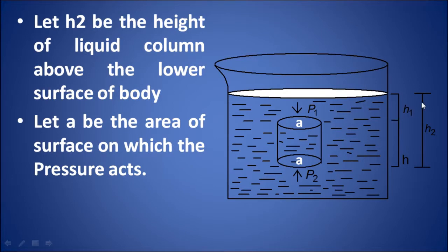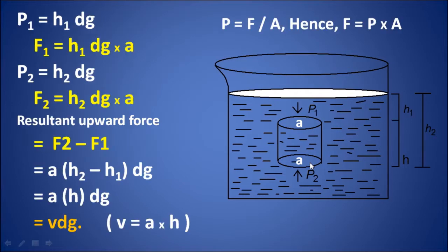Let h2 be the height of the liquid column above the lower surface of the body. Let A be the surface area on which the pressure acts, the upper surface area and the lower surface area.